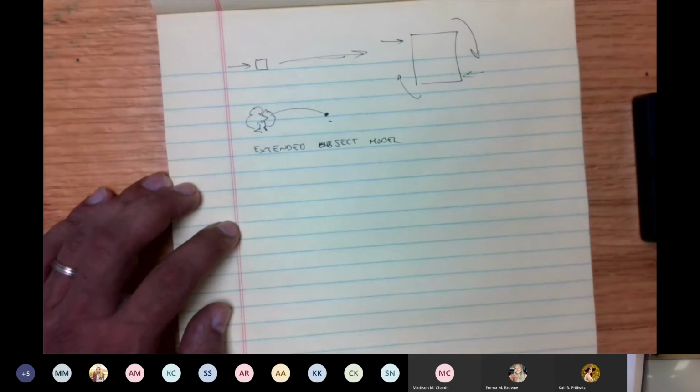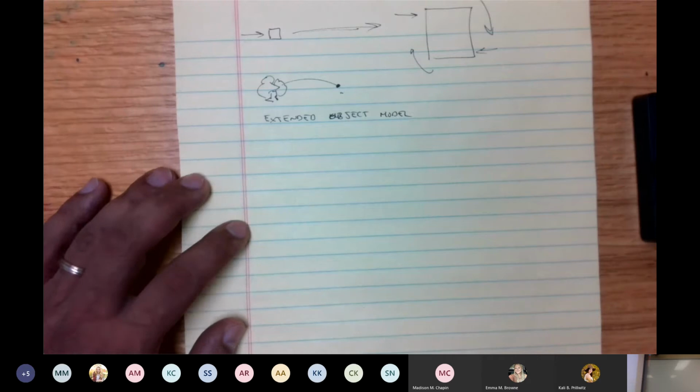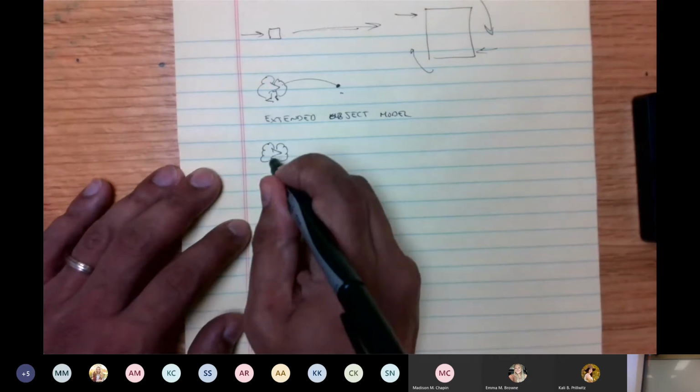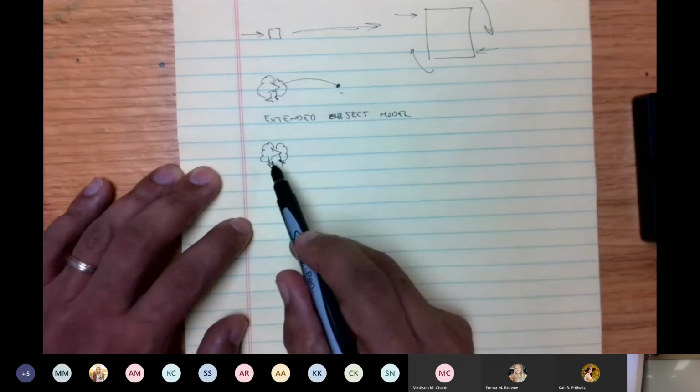An extended object, basically, is where we have an object and we try to keep that geometry as much as we can.